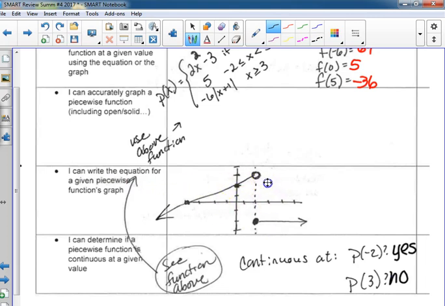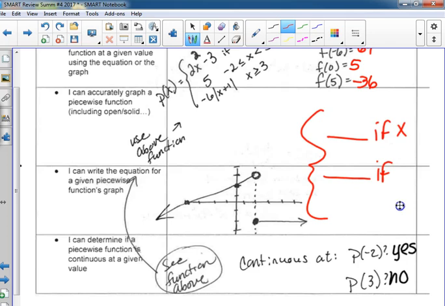What about here, guys? And how many pieces? 2. One is going to say if x is, and one is going to say if x, what? Less than 2 or greater than or equal to 2.